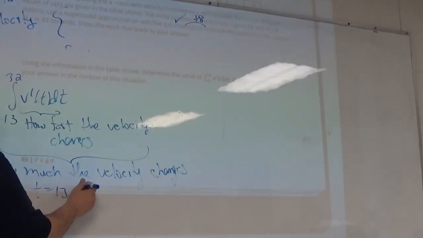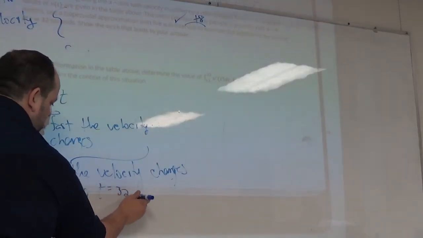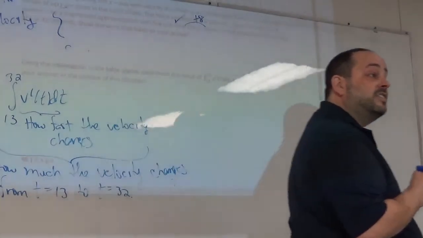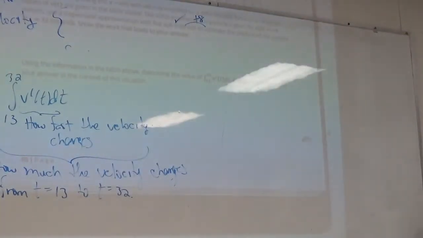From t equals 13 to t equals 32. How much does the velocity change from 13 to 32? Don't overthink it. Well, at time 13, the velocity was 6. At time 32, the velocity is -3.